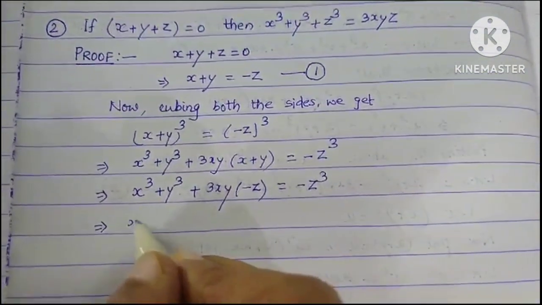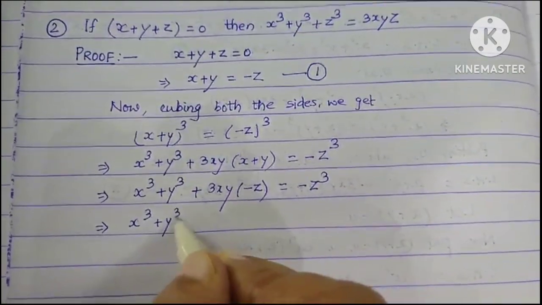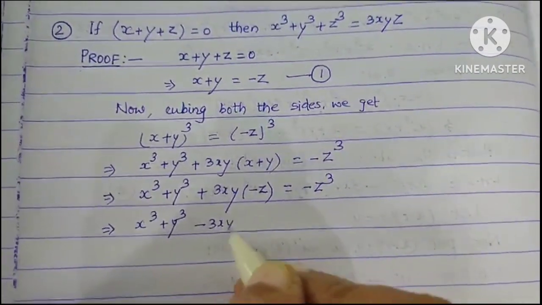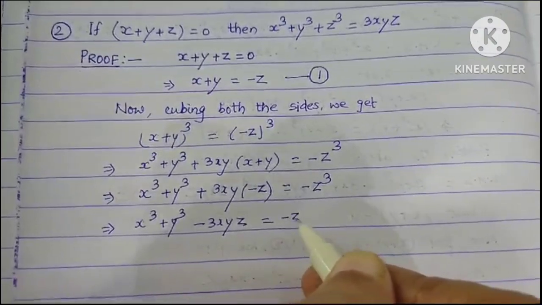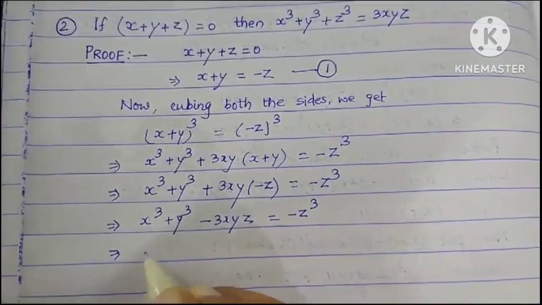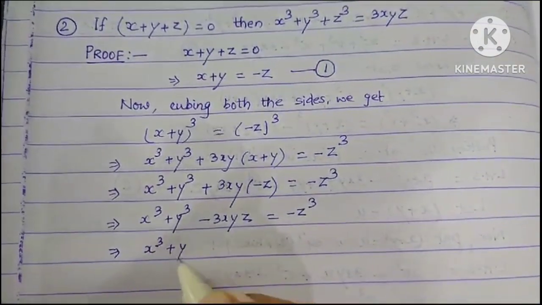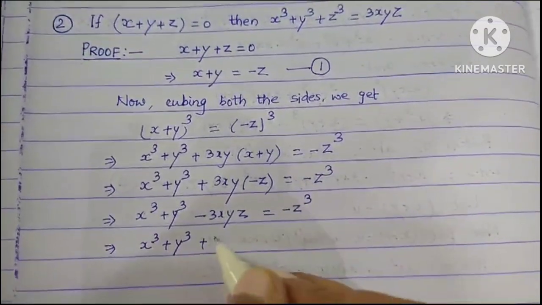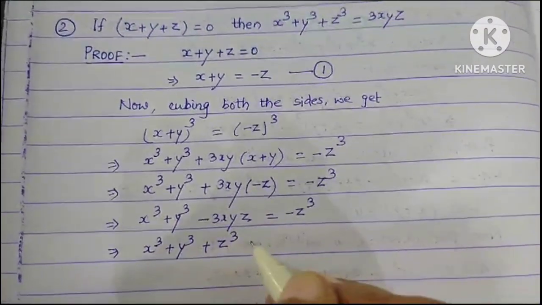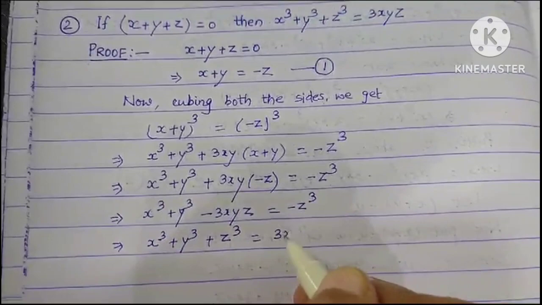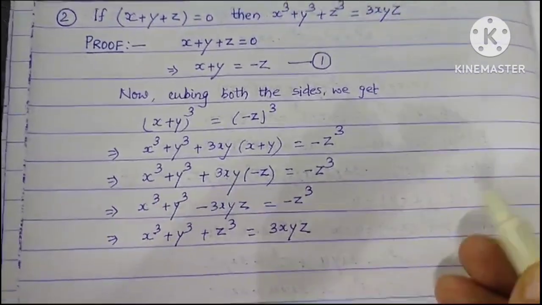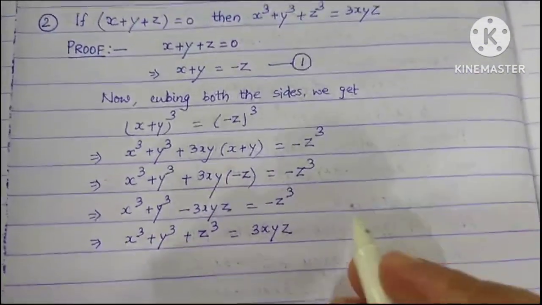This implies x cube plus y cube minus 3xyz is equal to minus z cube. This implies x cube plus y cube, bring this minus z cube to this side as plus z cube, is equal to 3xyz. So this is what we had to prove.